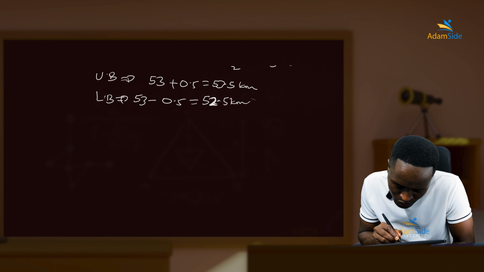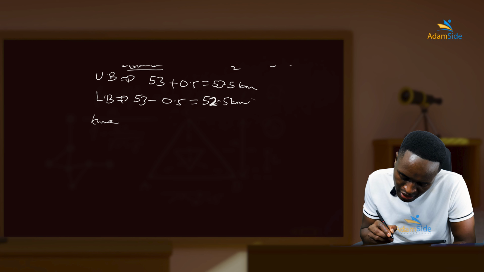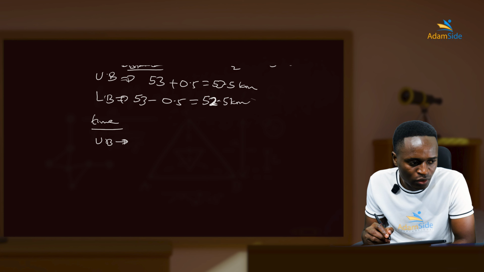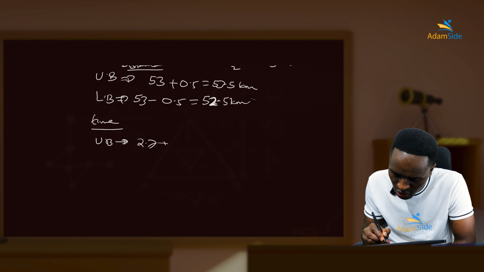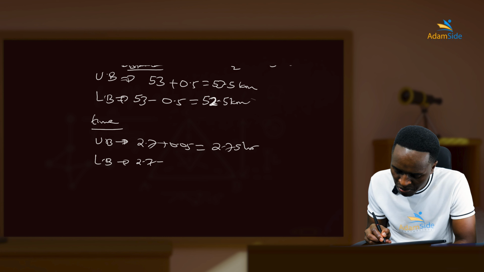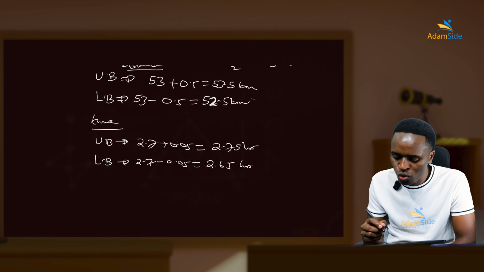So for time, the upper bound will be 2.7 plus 0.05, which is 2.75 hours, and the lower bound will be 2.7 minus 0.05, which is equal to 2.65 hours.